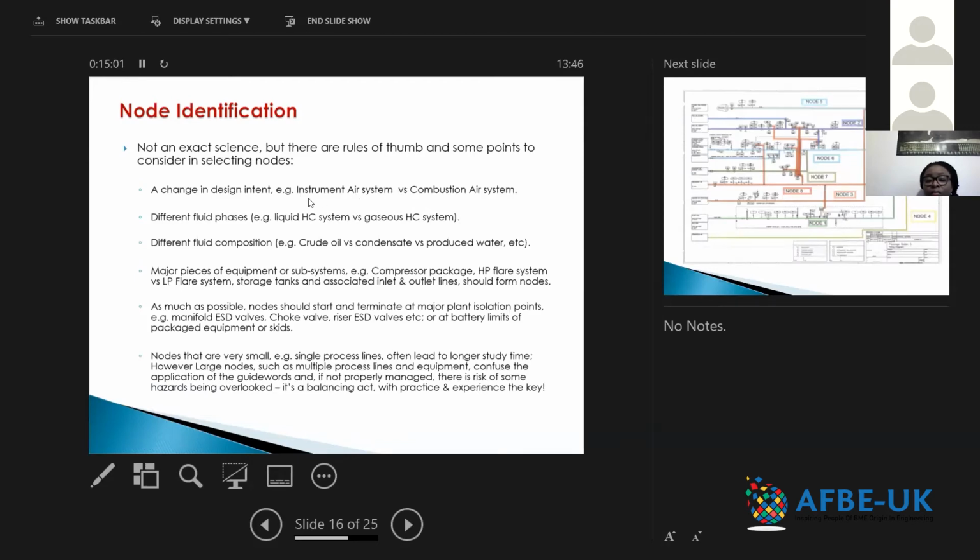The other thing to think about is nodes that are very small.